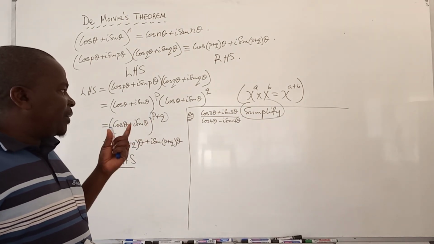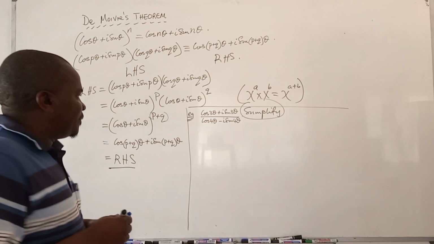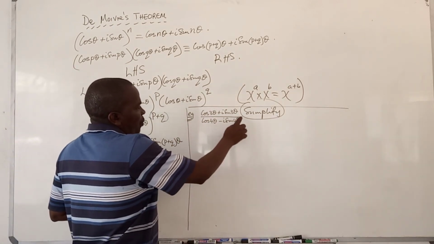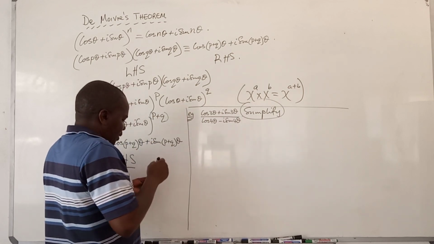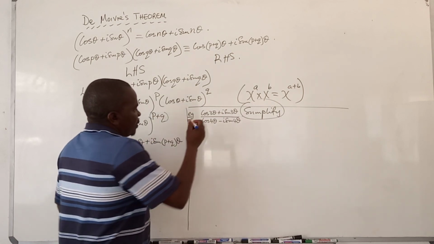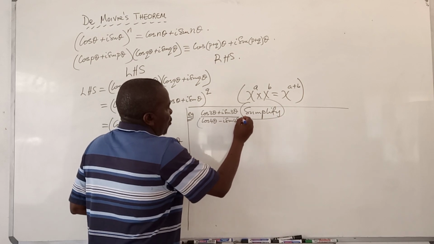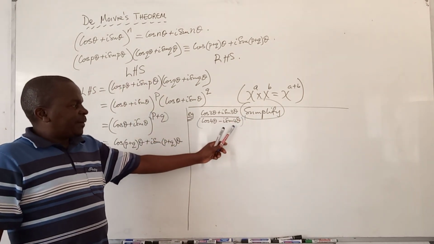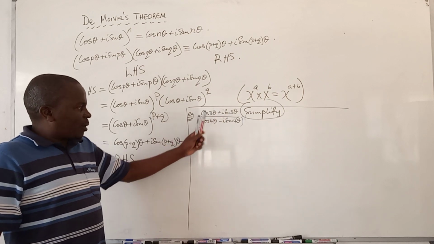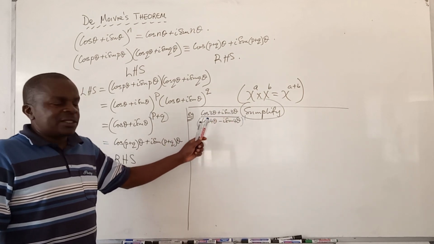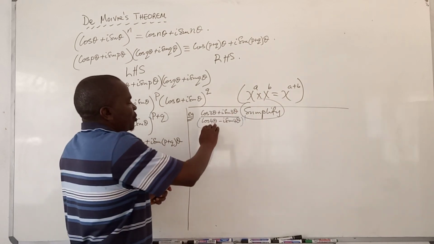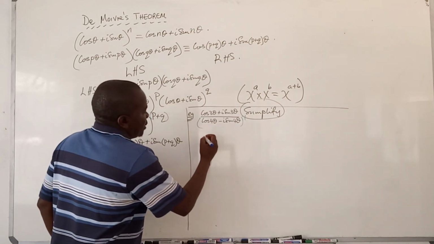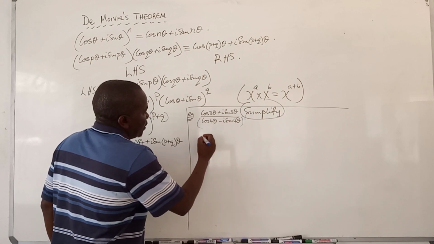Starting on the left hand side, we are going to write this one in this form here, in brackets, to the power of 1. This is the denominator. Since this is our left hand side, we'll rewrite it as a product of the two.